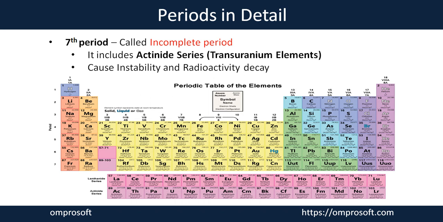All elements are metallic in nature. They cause instability and radioactive decay. In period number 7, we have approximately 32 elements, but some elements are quite unidentified. That is why this is considered an incomplete period.